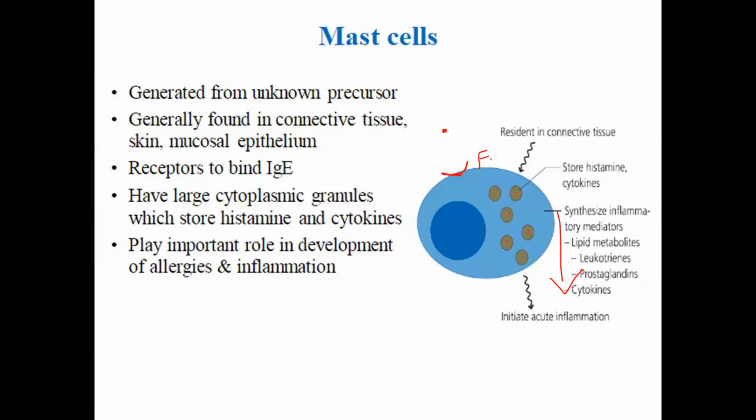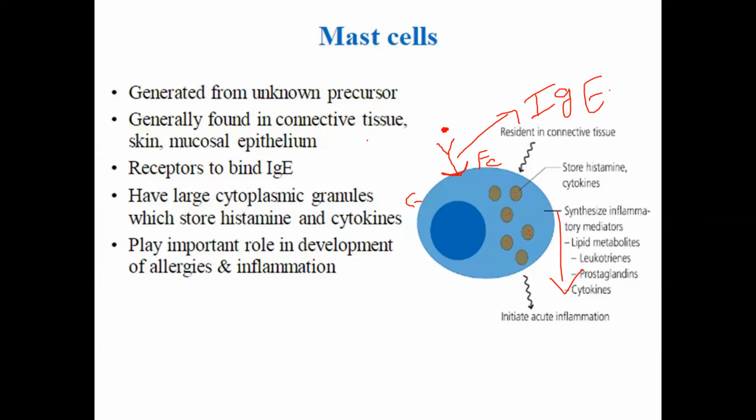which receptor is present? The Fc receptor is present. To the Fc receptor, which antibody will come and attach? This is also a question asked many times in the exam: immunoglobulin E. So you have to understand my statement correctly. Don't think that the antigen or the pathogen will directly come and associate with the mast cell.